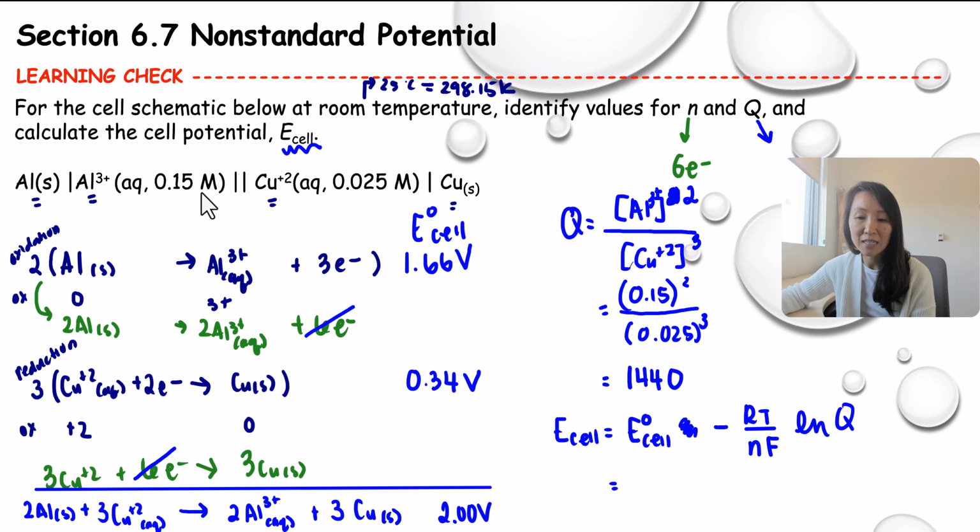E naught cell is 2.00 volts, or joules per coulomb, as I like to write. R is 8.314 joules per mole K. Temperature is 298.15 K.